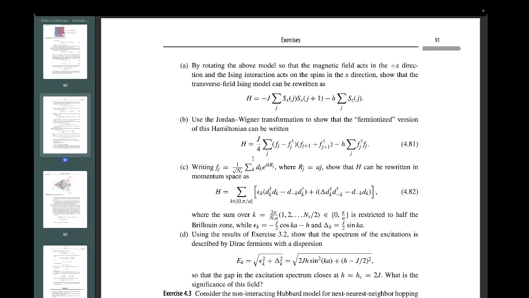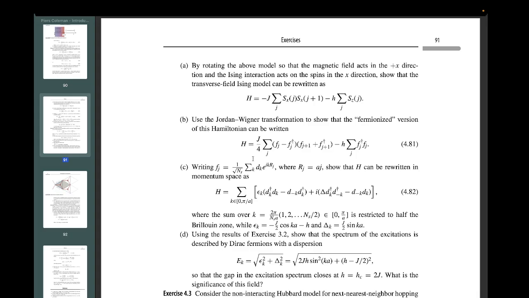Okay, so what is Sx_j is simply (S plus plus S minus) by 2. Therefore, when I write it in terms of fermionic operators that we have, what do I write S plus as?